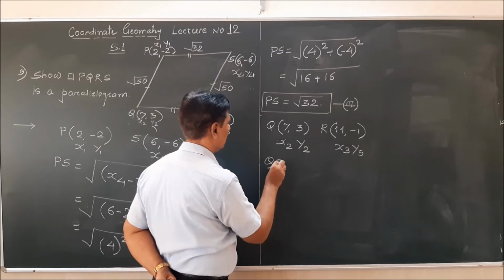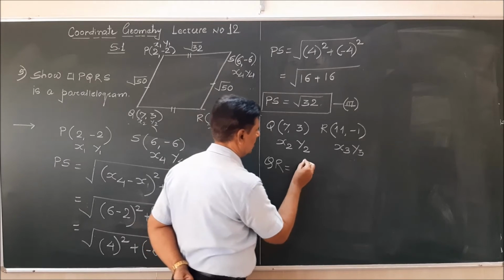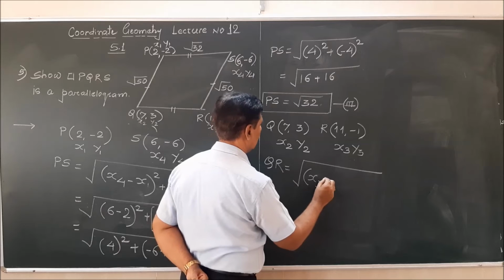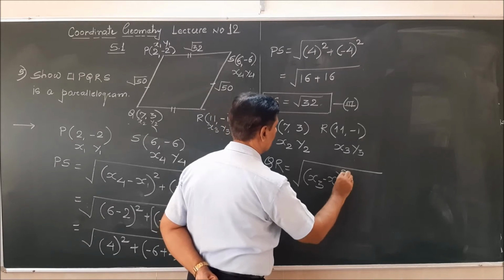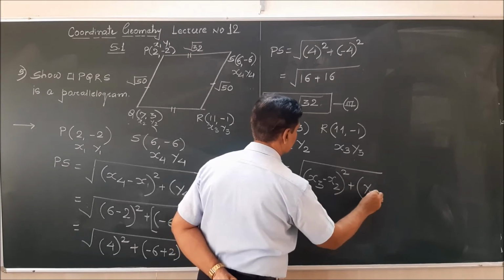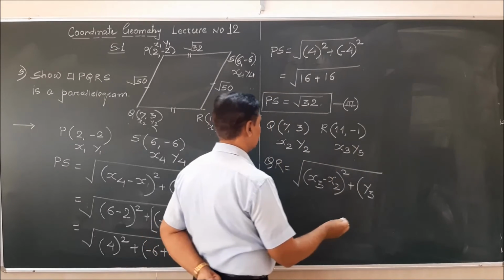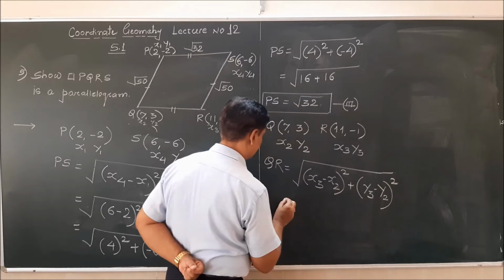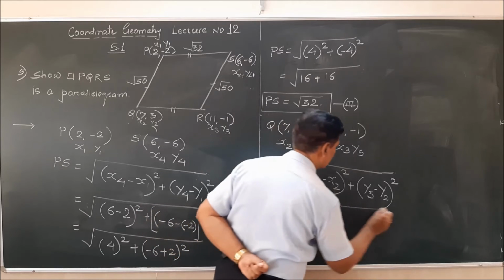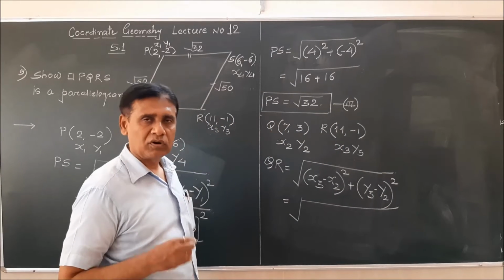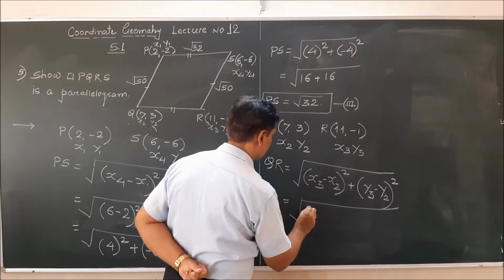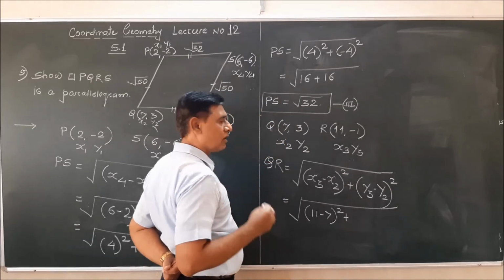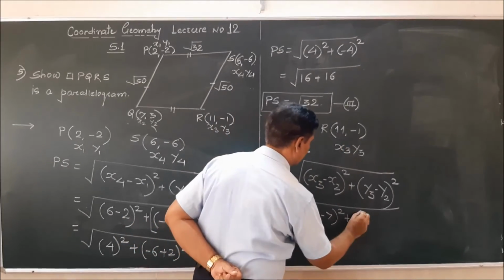So I will see here distance QR is equal to root of x3 minus x2 the whole square plus y3 minus y2 the whole square. Same way, that is equal to, now x3, what is the value of x3? 11. So 11 minus 7 the whole square plus y3 is minus 1.